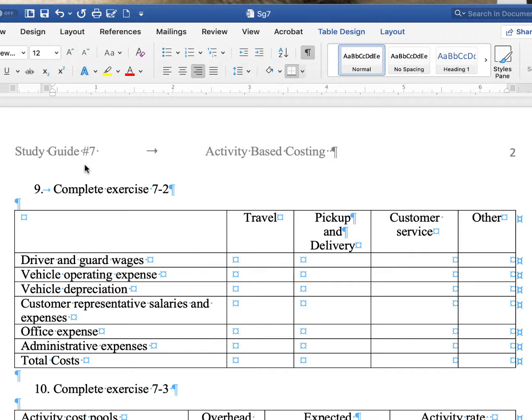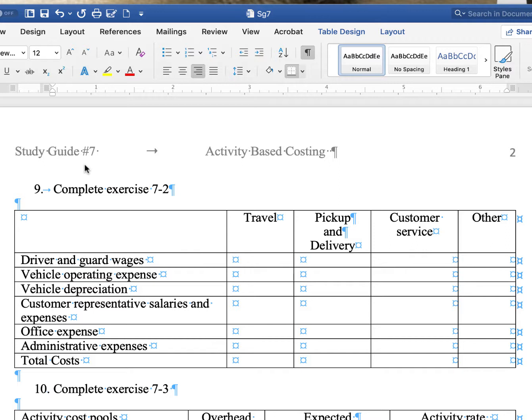Great. They do the same thing with vehicle operating expenses. You have all these overhead expenses for operating the vehicles. Out of that cost, how much of it is consumed by the activity of travel? Oh, 70%. What about pickup and delivery? That's about 5%.